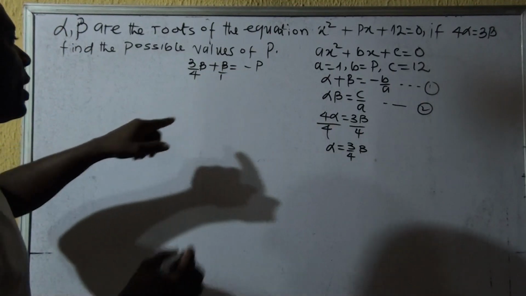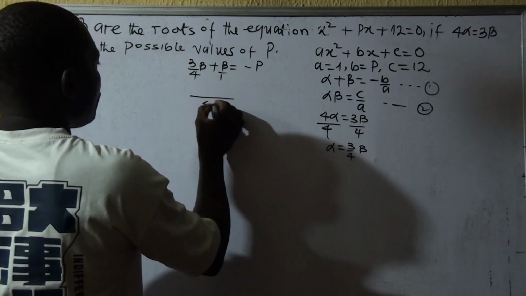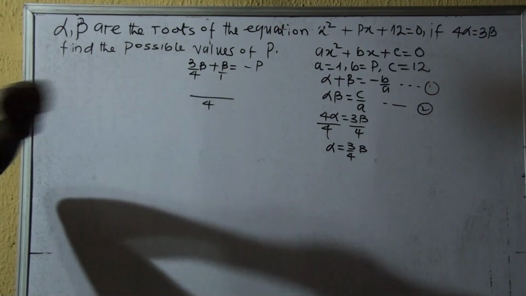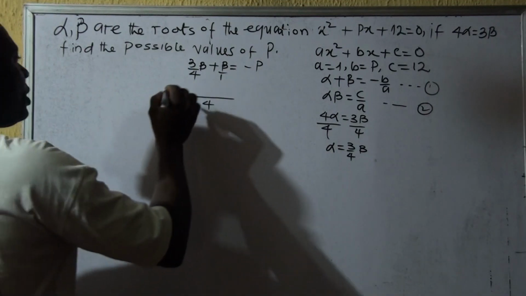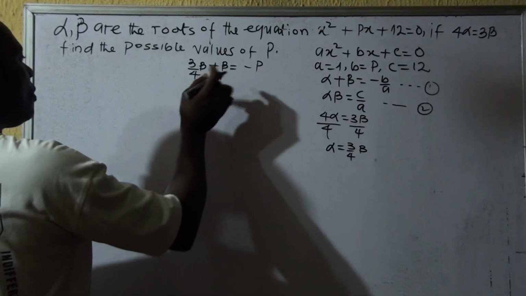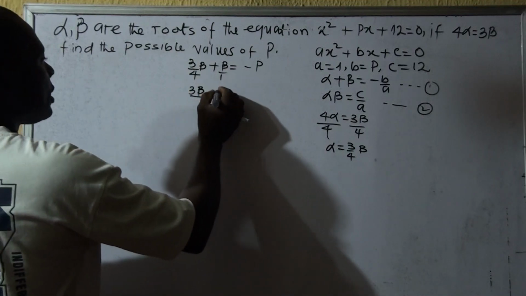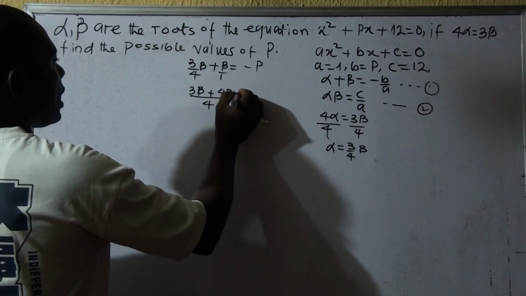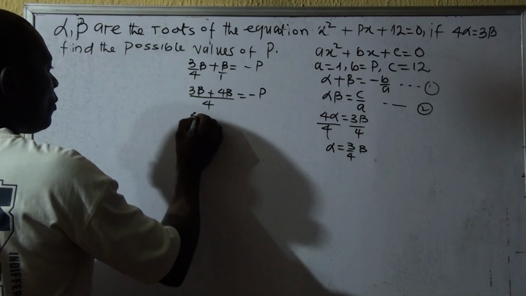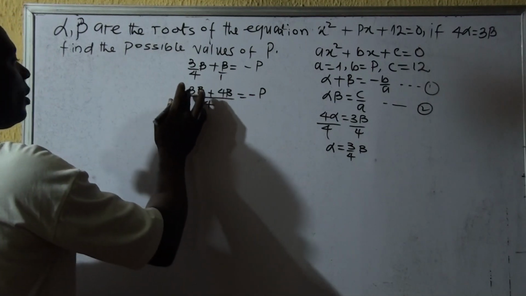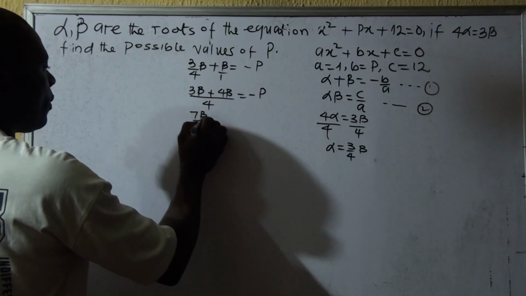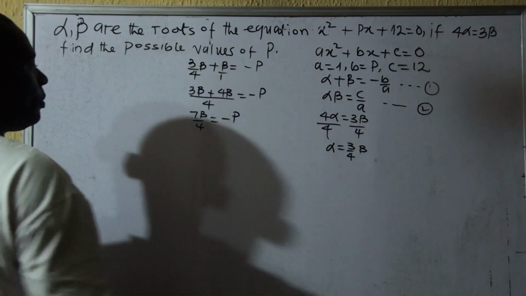The denominators are 4 and 1, so the LCM is 4. 4 divided by 4 is 1, times 3 beta gives 3 beta. Then 4 divided by 1 is 4, times beta gives 4 beta. So this becomes 3 beta plus 4 beta, which is 7 beta over 4, equal to minus p.